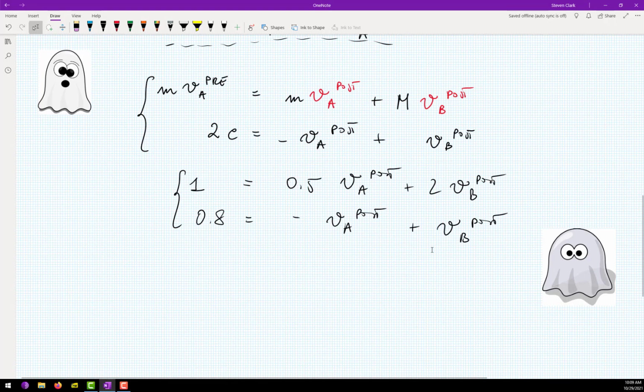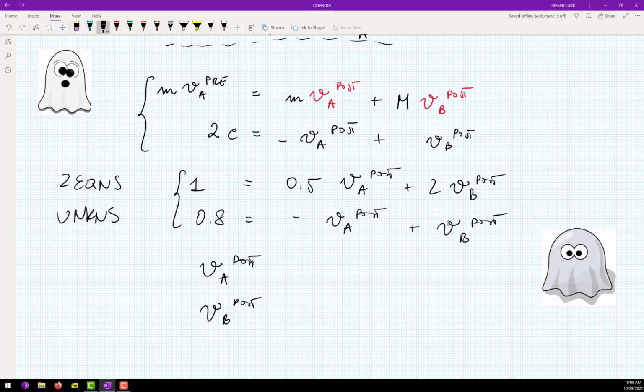Just solve it. Here we have 2 equations and 2 unknowns. So we'll end up with VA post and VB post equal respectively to minus 0.24 meters per second and 0.56 meters per second.